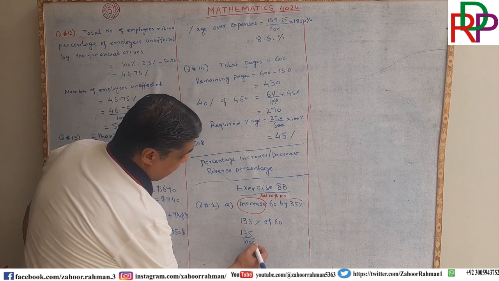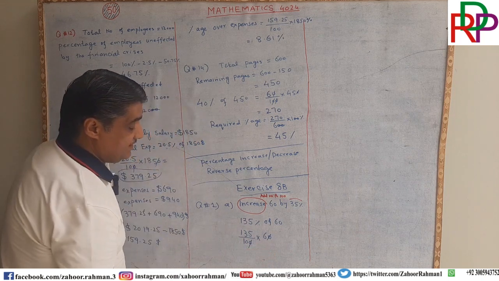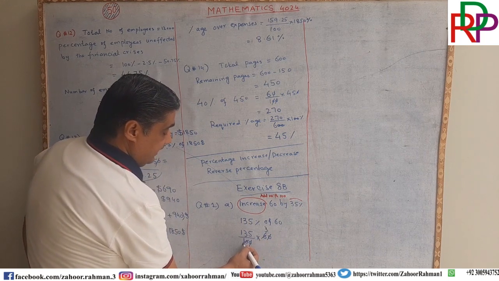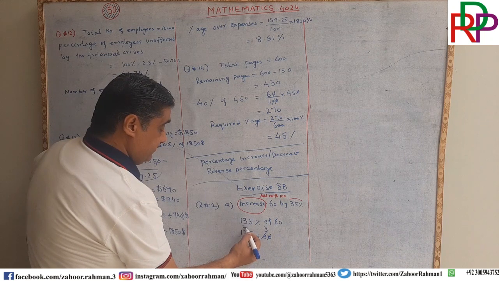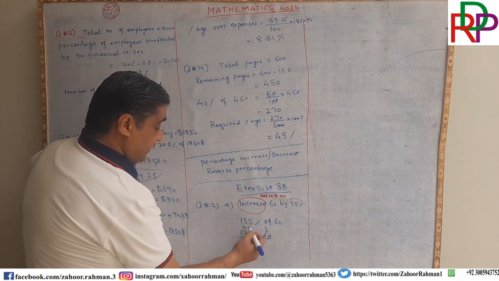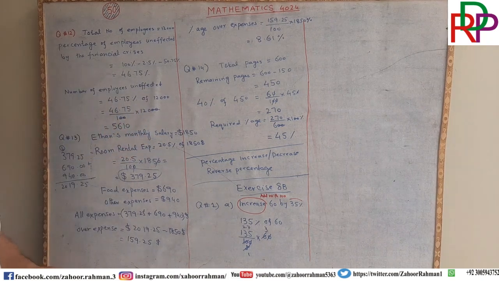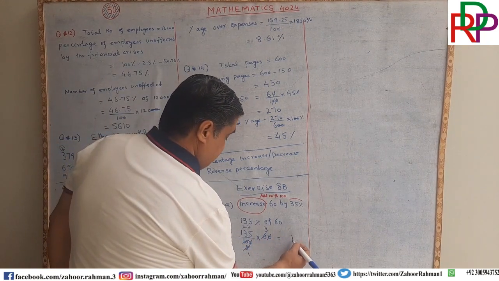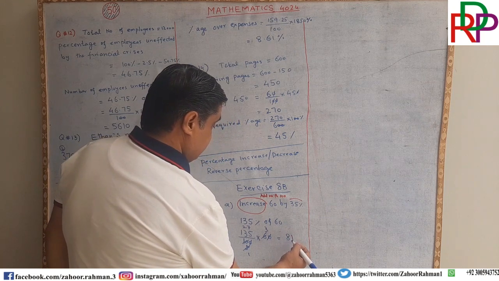135% of 60 is, we will cut this: 3 fives are, and 2 fives are, 5 ones are 5, 2s are and 5 7s are. So that will be 3 sevens are 21, 3 81.